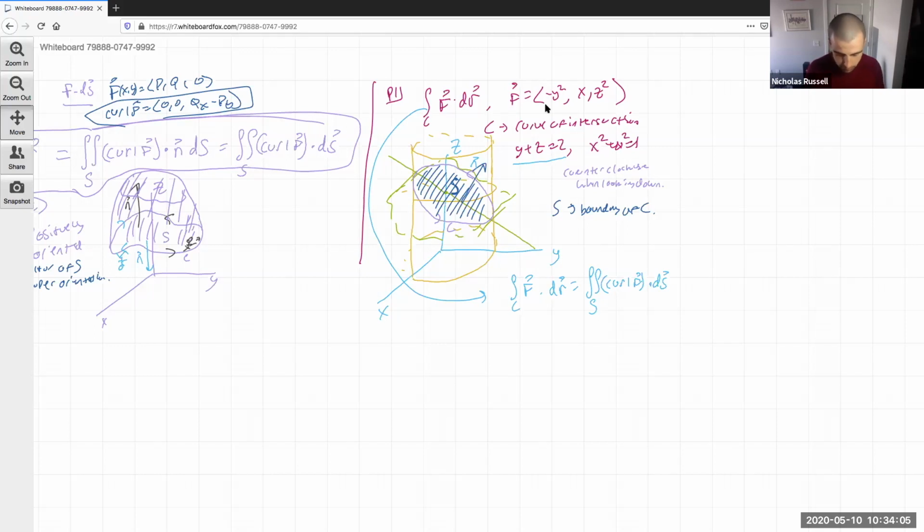So a couple of things for a process here. This is at least my opinion. The first thing is you have to identify and parameterize a surface S. Now, honestly, there are infinitely many surfaces with such a boundary, and that's what's really important about this.